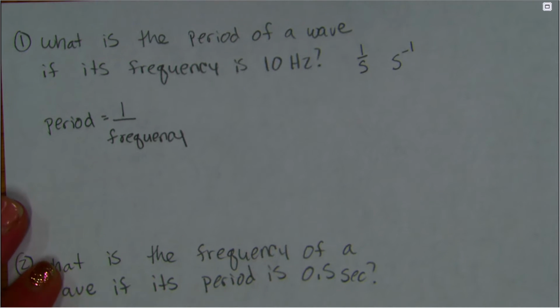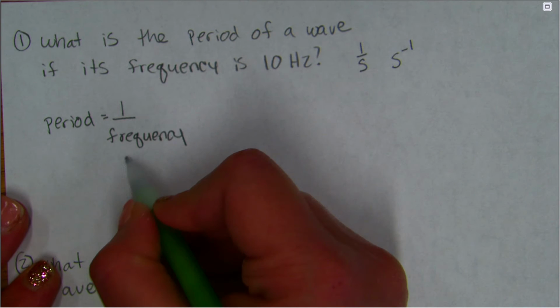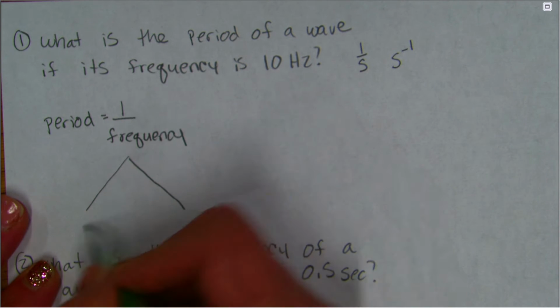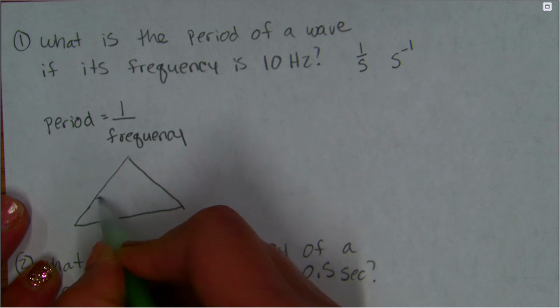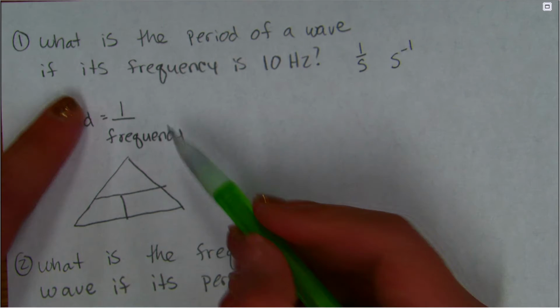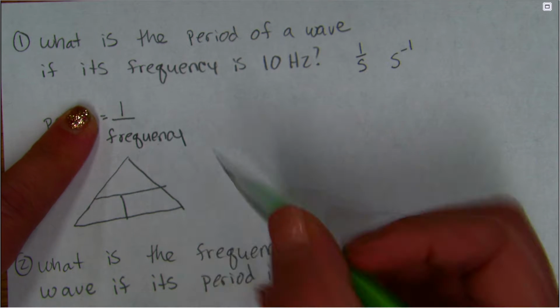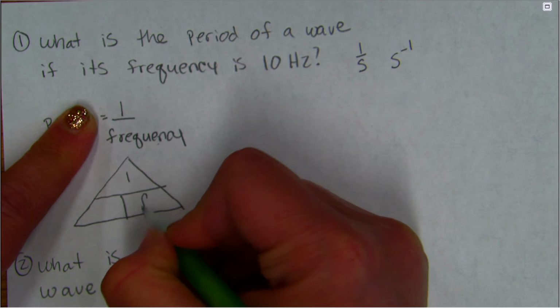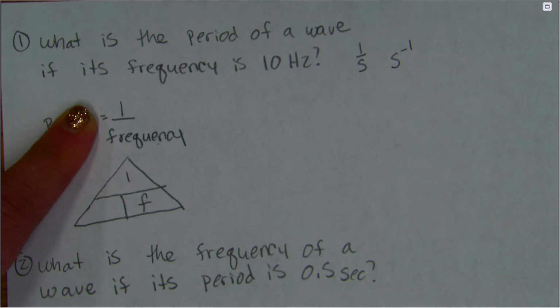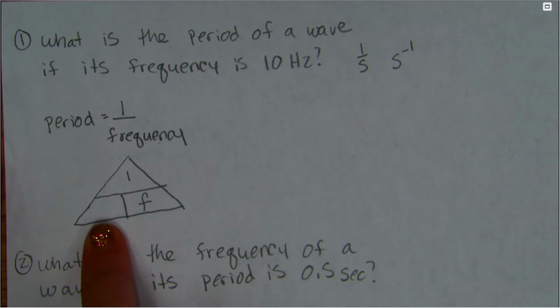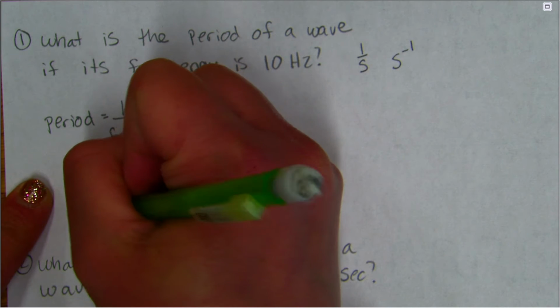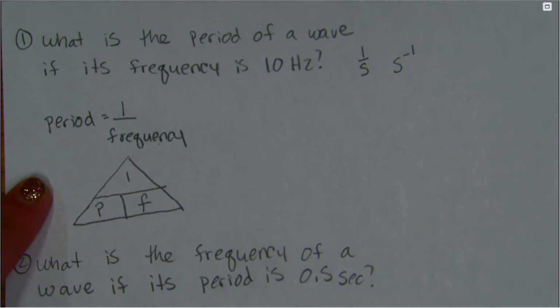So if we wanted to set up our triangle, one is being divided by frequency, so 1 divided by frequency. And then our period goes in our leftover space.